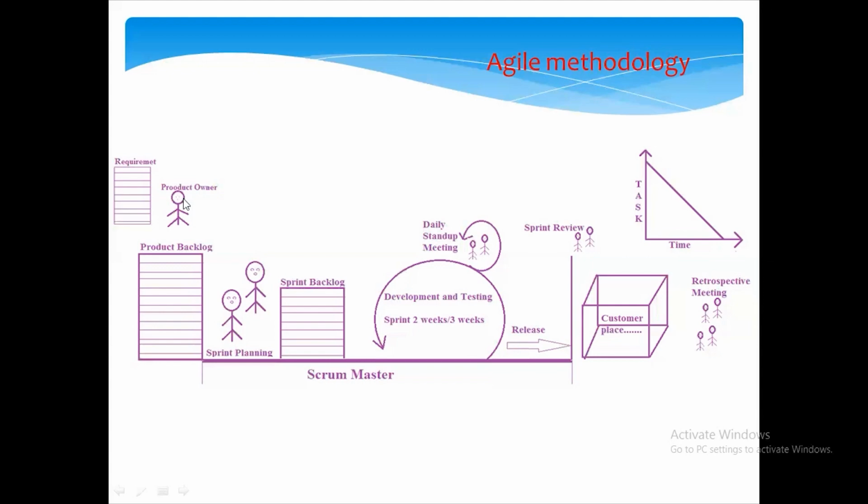The product owner also owns the responsibility for the product that the customer wants, whatever the customer wants. Once the requirements are given by the customer, it is the responsibility of the product owner to analyze what the customer wants, and what strategies should be applied to give the product to the customer at the right time.